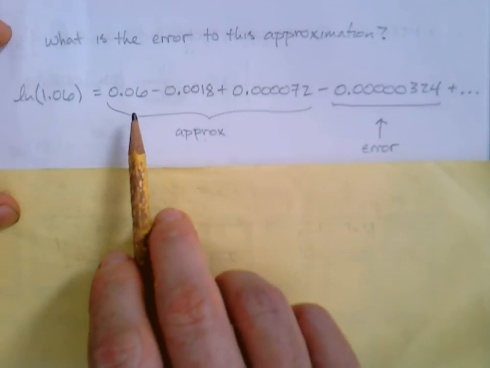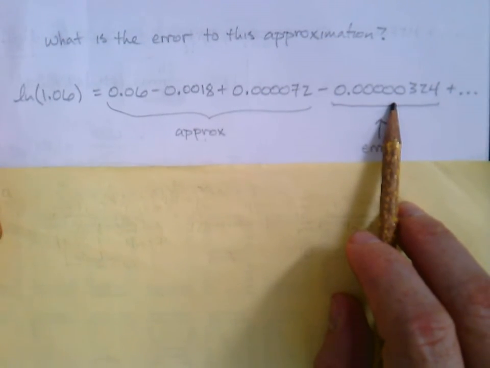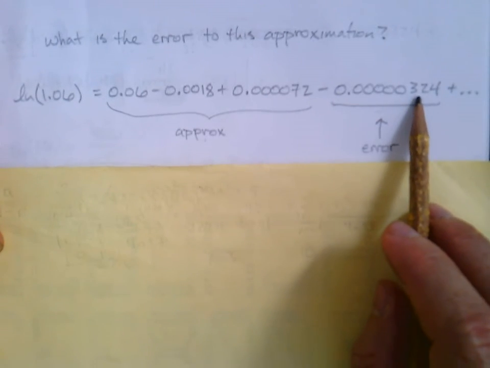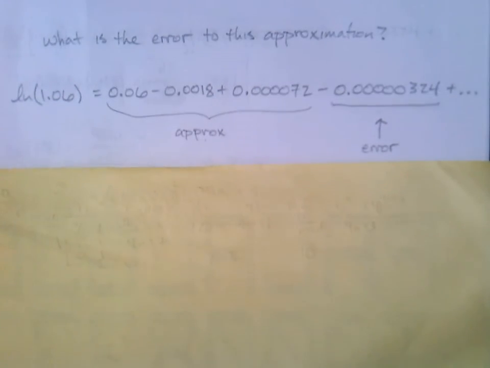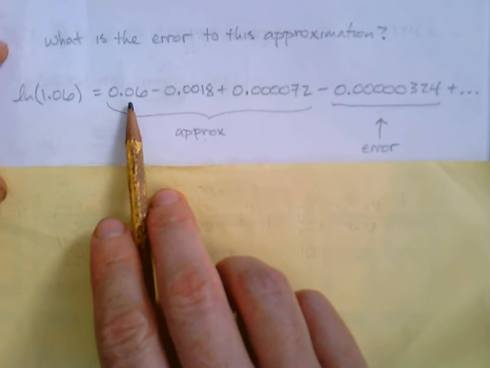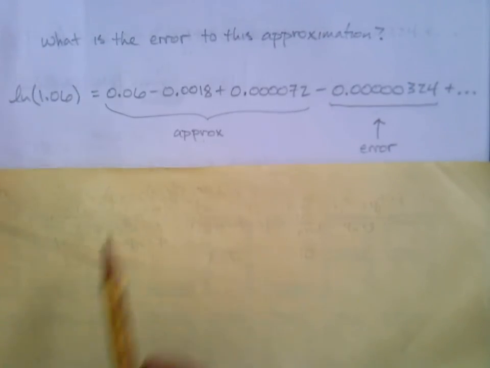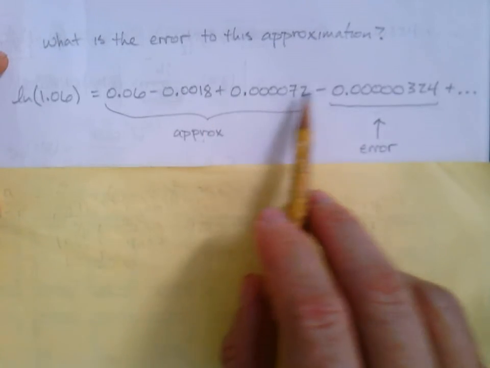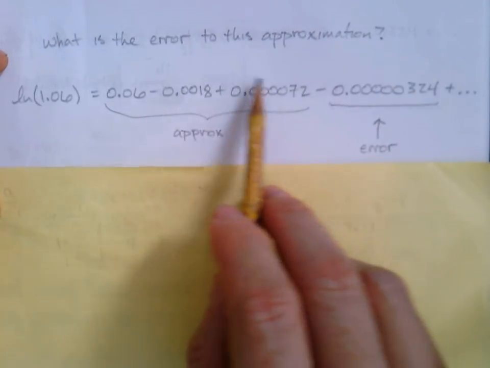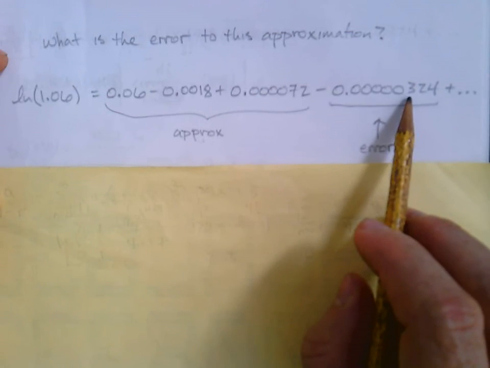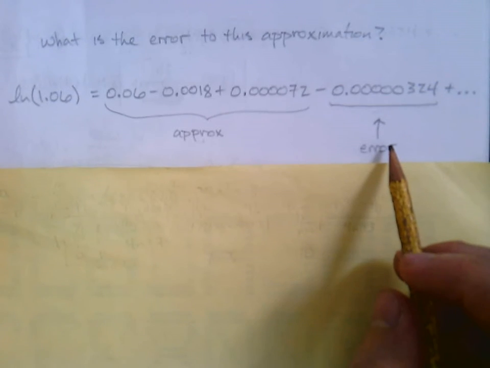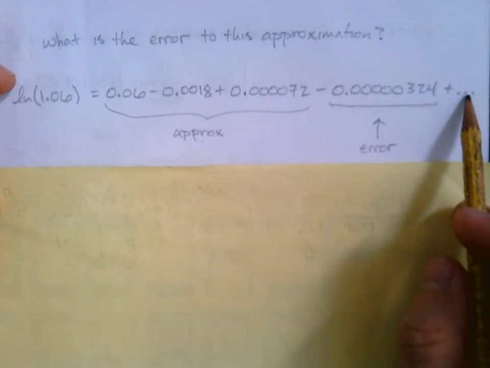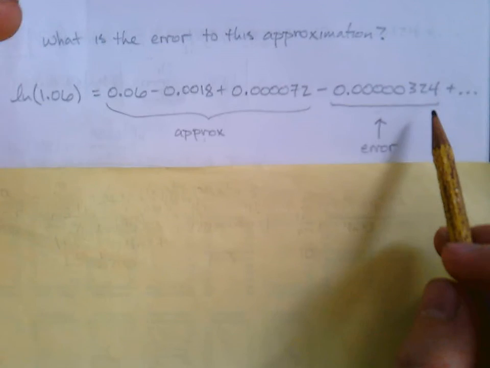Why is that? Because if we were to include this term, our previous answer would only change by this much. And then future values are getting smaller and smaller. Also, the terms are switching between positive and negative. Positive, negative, positive, negative. So if I took that number I got just a moment ago and subtracted this, that's going to be the furthest away from the actual value possible, because when I go and add the next term, it's going to be added back on.